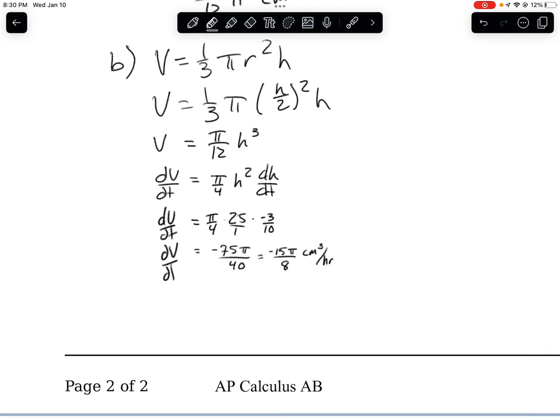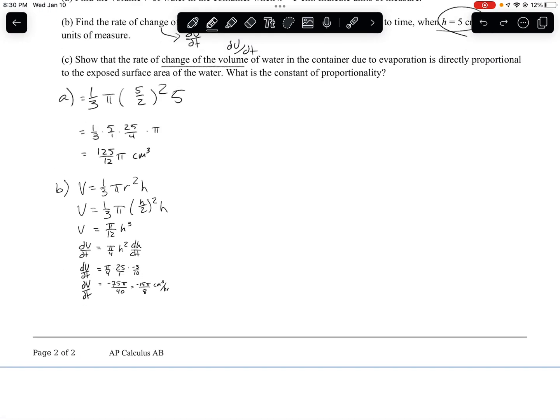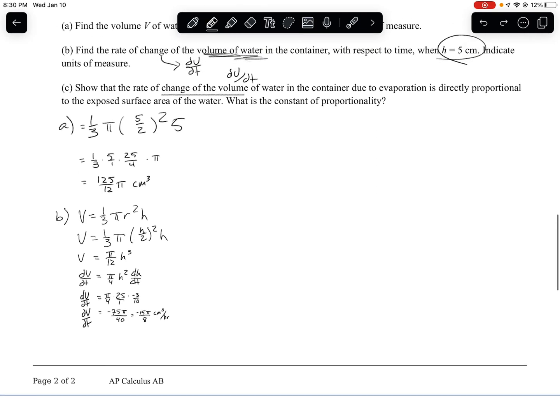Let's write that down here. So that's the rate of the change of the volume of the water is directly proportional to the exposed surface area of the water.